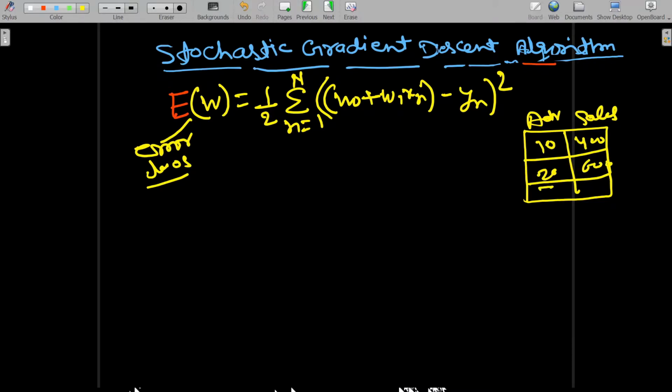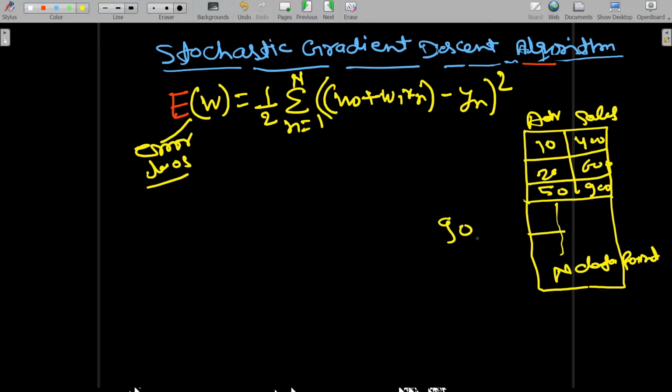When we put 50 in advertisement, we are getting 900. Similarly, we have N data points given to us, the historic data recorded by someone. And now someone is asking to predict, if we put $90 in advertisement, what the sales will be.